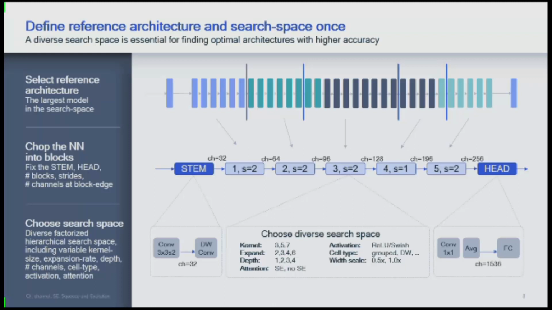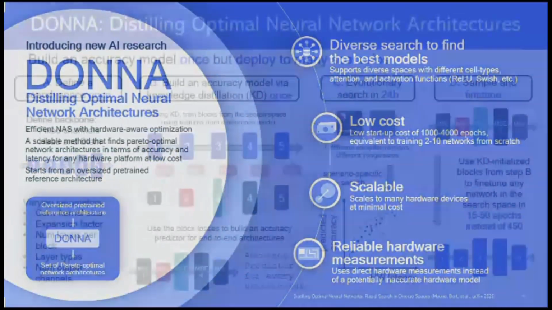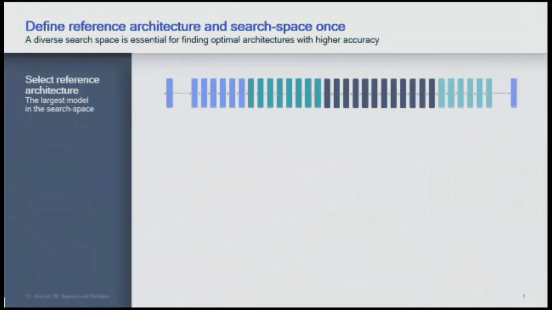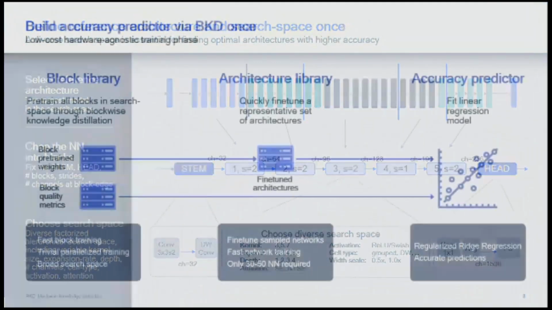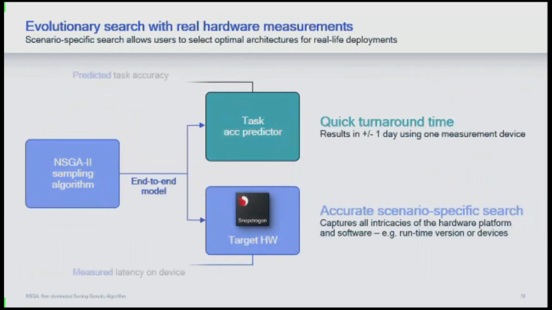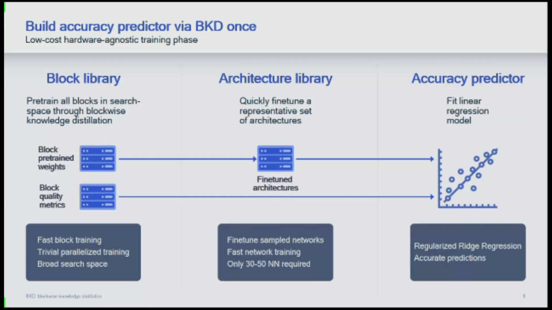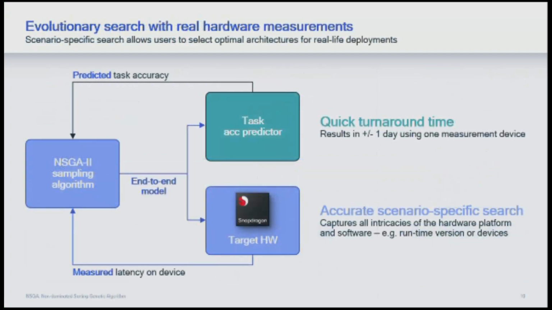Oh, thanks for the question. I think that's a good question, and also one of the contributions in this work. The good thing is that if you have a hardware change involved, you don't have to retrain the BKD library. As shown here, you already have a pre-trained BKD library, and if you want to deploy onto different devices, you simply swap your new device constraint into the evolutionary searching part.